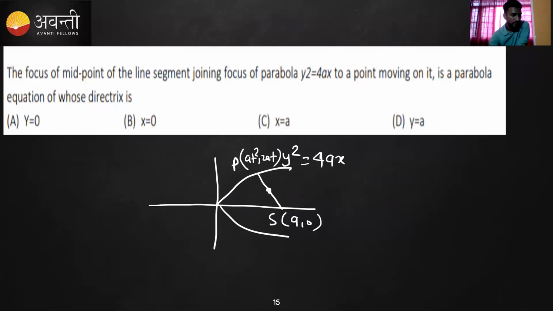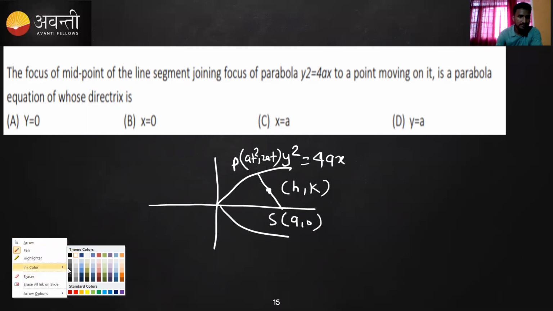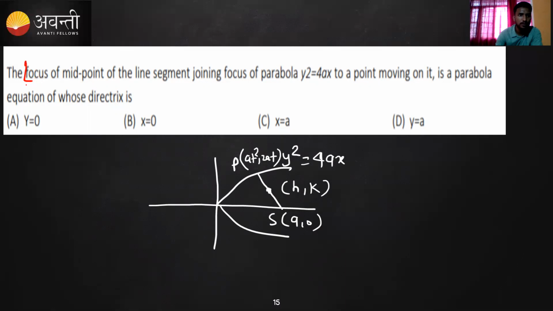So from here, we can write this as h comma k, right? Actually here this is a mistake. This is not a focus, but this is locus, right? So don't confuse, we have to find the locus of the midpoint. That's why we have written this h comma k.